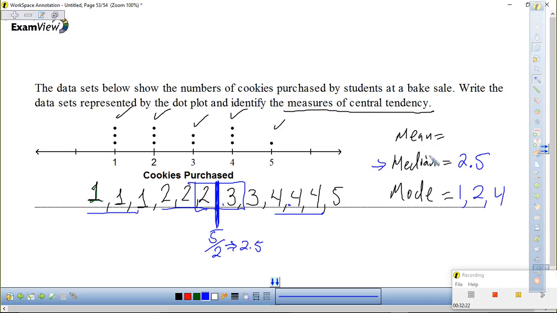All right? And for the mean, tell your neighbor what to do for the mean. Very good. Add all the numbers and divide by 12. So let's see. 1, 2, 3, 5, 9, 10, 11, 12, 15, 20, 28, 32. 32 divided by 12.